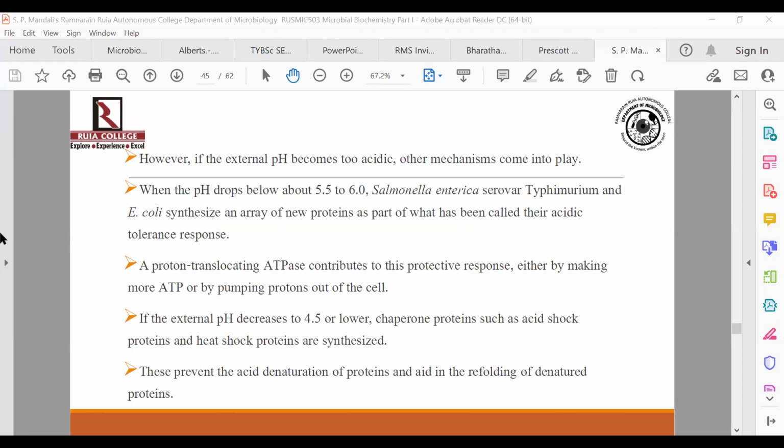They will see to it that the protein structure, the protein configuration, is not affected in any way. They will not allow proteins to be denatured, and even if some protein structure has been affected, they can guide those proteins to refold themselves, to organize themselves once again.